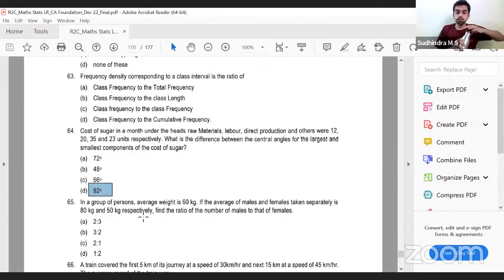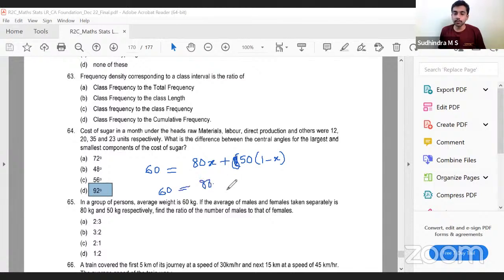One is to 2. 1:2. Average weight is given to be 60. Average of males and females taken separately, 80x plus 50 into 1 minus x, I can consider. So 60 is equal to 80x plus 50 minus 50x.